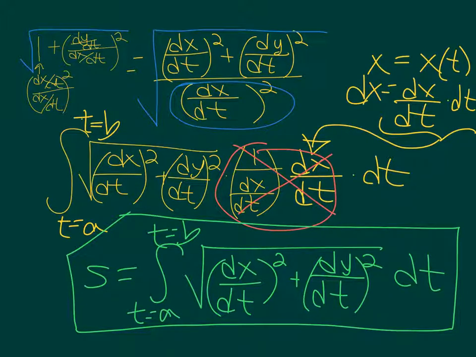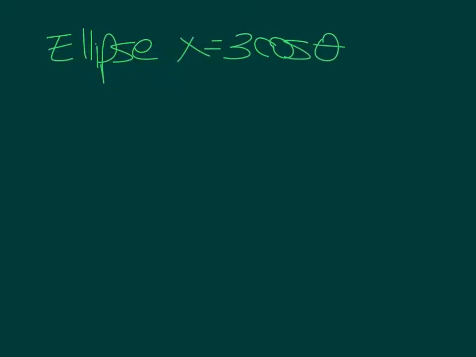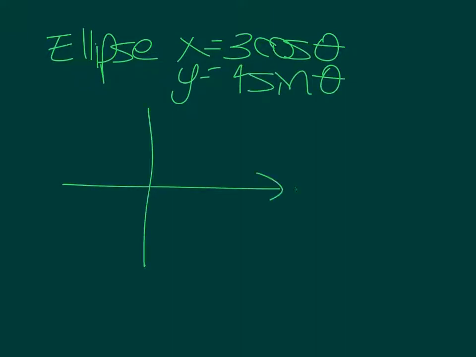So let's apply that formula to the following situation. Let's consider the ellipse described by the following equations. x is equal to 3 cos theta, y is equal to 4 sine theta, and this ellipse starts right here on the x-axis at (3, 0), and it travels along in this direction.